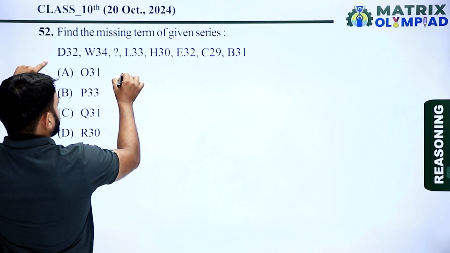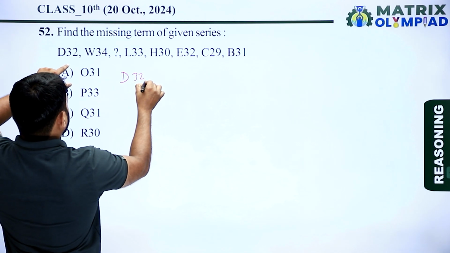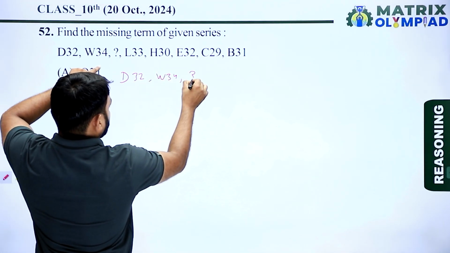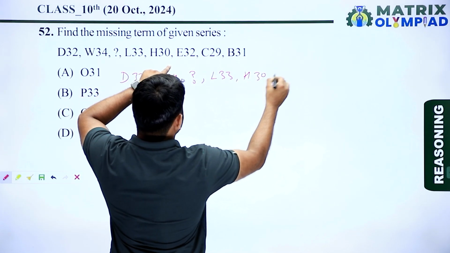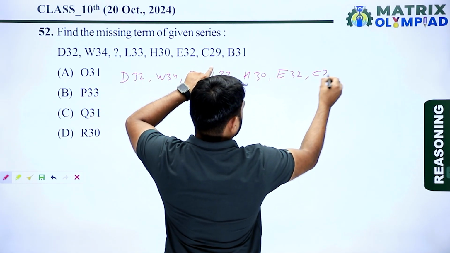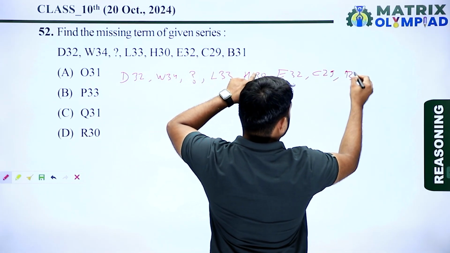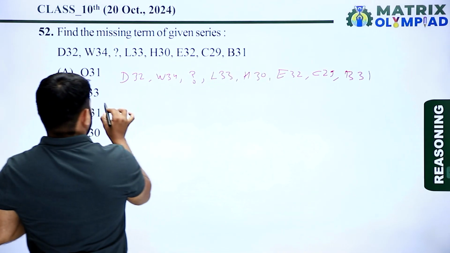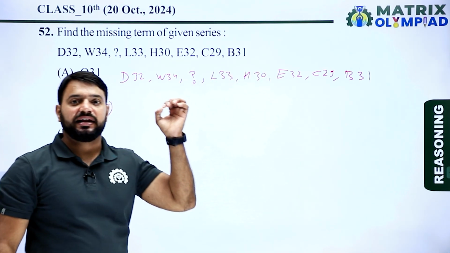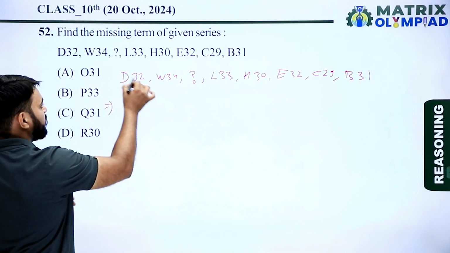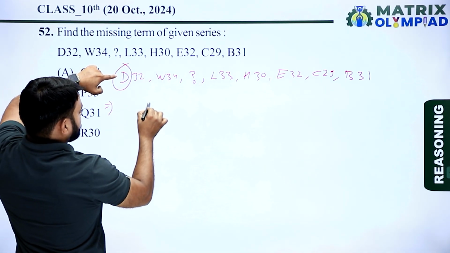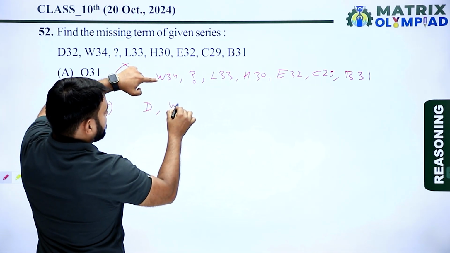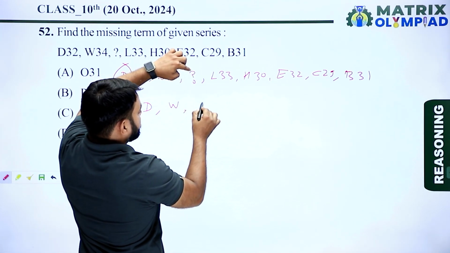So series is D32, W34, next is missing, L33, H30, E32, C29, B31. Okay, first we check the alphabet series of all the terms. So taking the alphabet of each term, first is D, second alphabet is W, and after W next is missing.